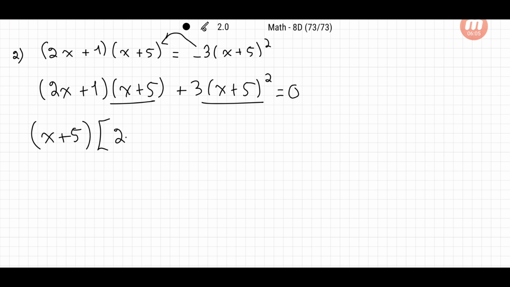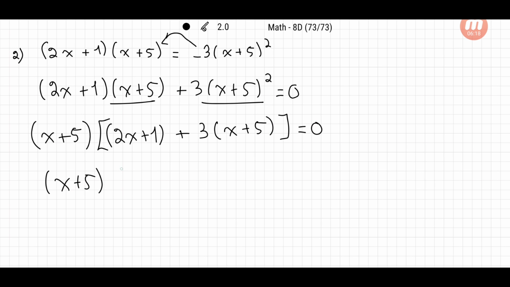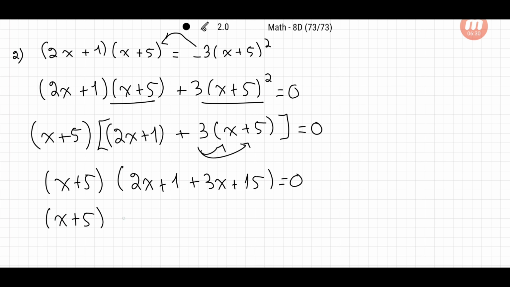I'm left with (2x plus 1) plus 3(x plus 5), since (x plus 5) squared divided by (x plus 5) is (x plus 5). So (x plus 5)(2x plus 1 plus 3x plus 15) equals 0. So (x plus 5)(5x plus 16) equal to 0.